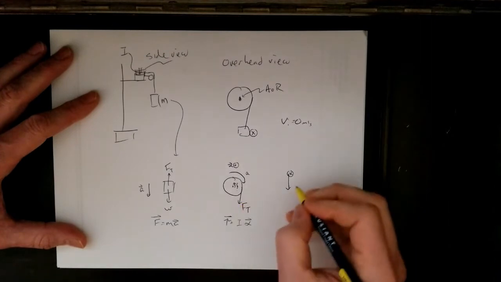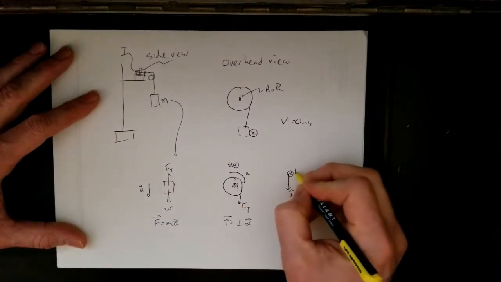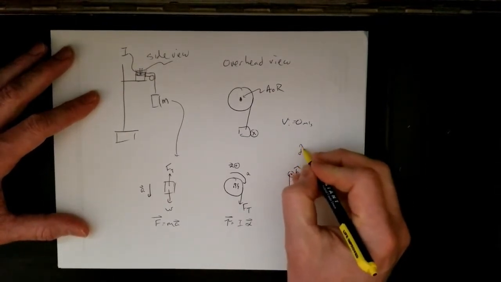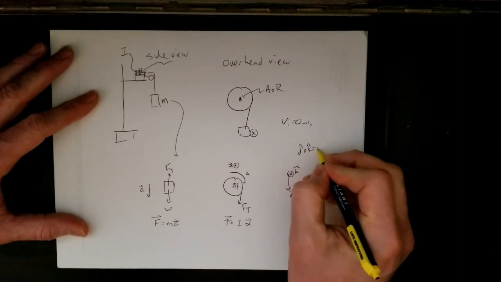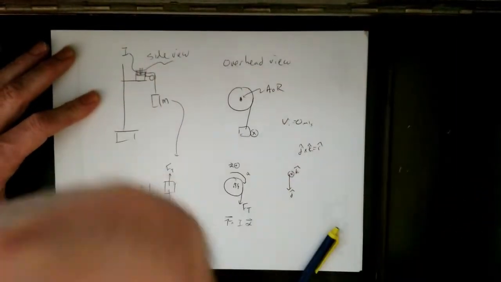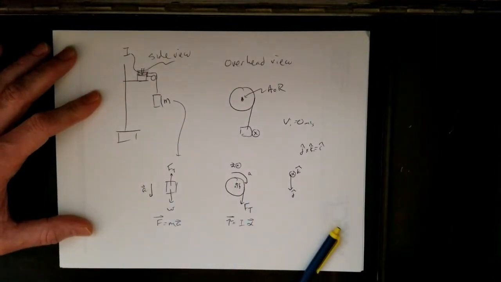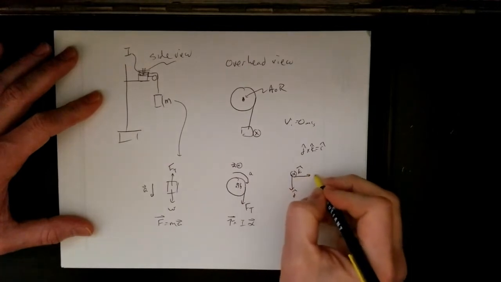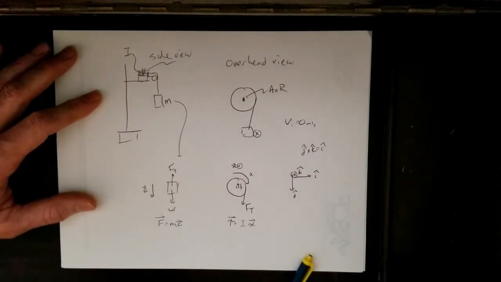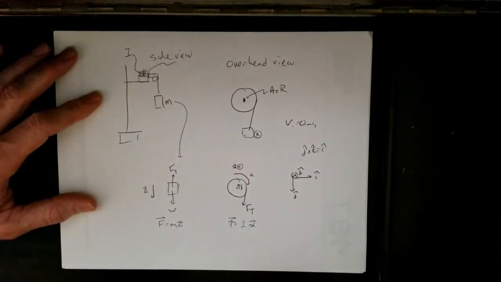If that's my j direction and that's my k direction, then in a right-handed coordinate system, I know that j cross k equals i. Let's make sure I'm doing that right. j cross k, put i in that direction. And we can just confirm i cross j equals k, and that works.